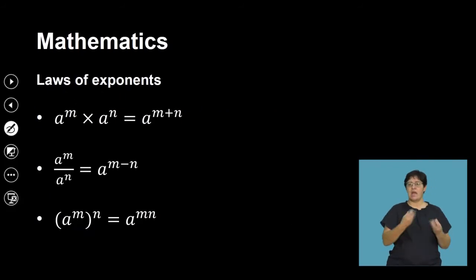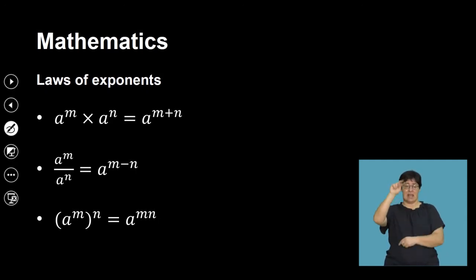So we have what we call the laws of exponents. With the laws of exponents, we normally use letters, variables that is, to show them. A to the exponent of m multiplied by a to the exponent of n will be the same as a to the exponent of m plus n. What does this mean?